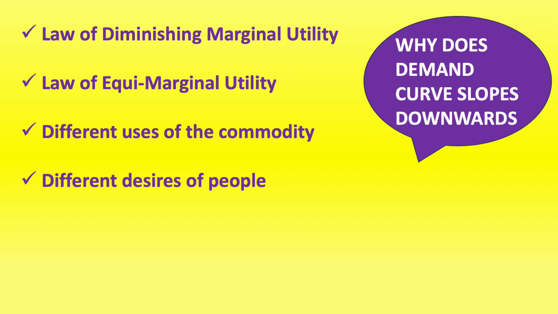For example, in a classroom there are 60 students, so we can group them into 4 groups of 15 each: groups A, B, C and D. Group A are fond of movies, so they want to watch the movie on the first day and are ready to pay any price for that. Group B are also fond of movies but are not ready to pay extra money for that, so they are ready to watch in the first week.